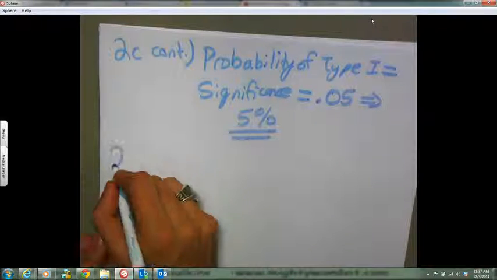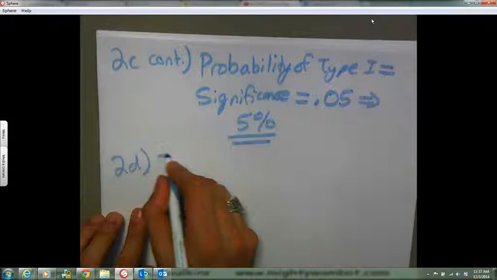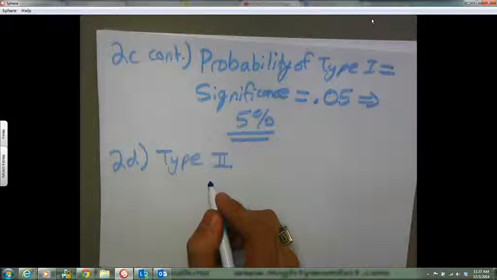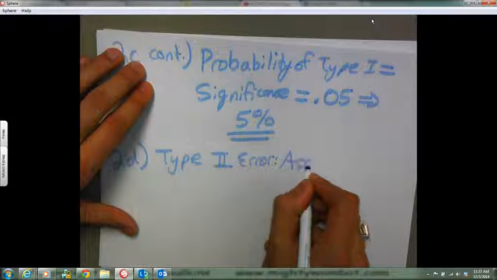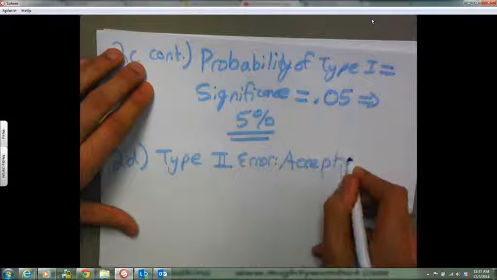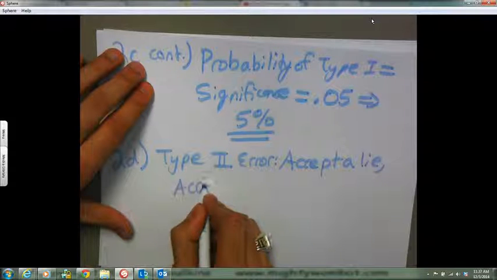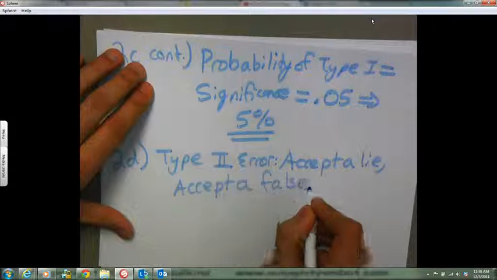2D, they ask us to identify what type 2 error means. Type 2 error is when you accept a lie. In statistical terms, it's when you accept a false null hypothesis.